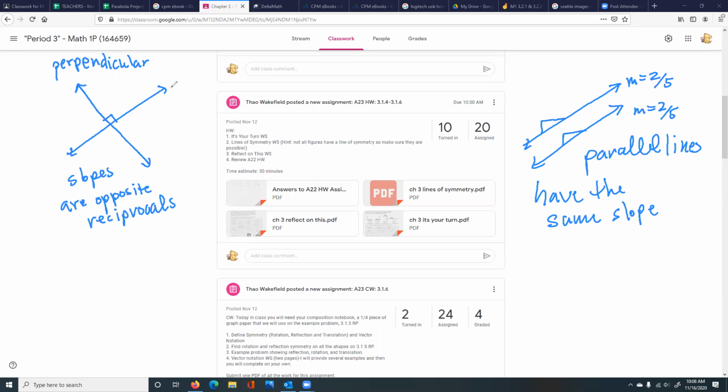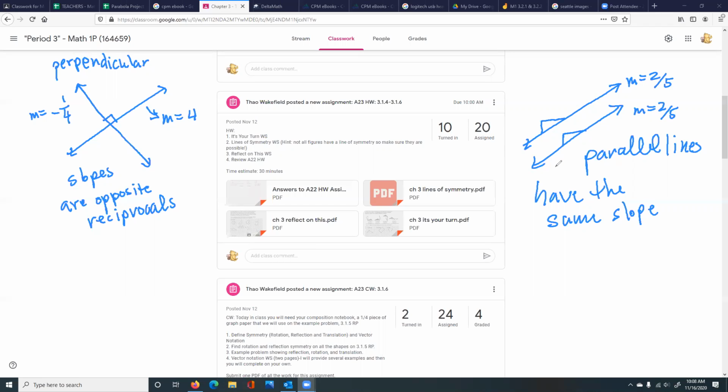Let's say this slope is 4. The opposite reciprocal of 4 is 1/4, or -1/4, multiply by -1. So if this slope is +4, this slope is going to be -1/4. So perpendicular lines have opposite reciprocal slopes.